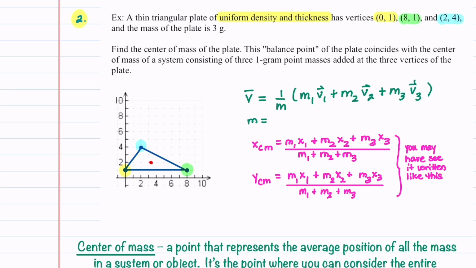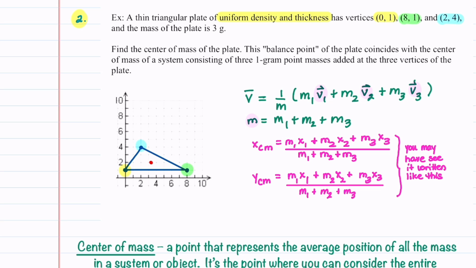Our m is equal to m1 plus m2 plus m3, and they're the point masses added at the vertices of the plate. V bar is a linear combination of the vertices locations divided by the mass of the plate.